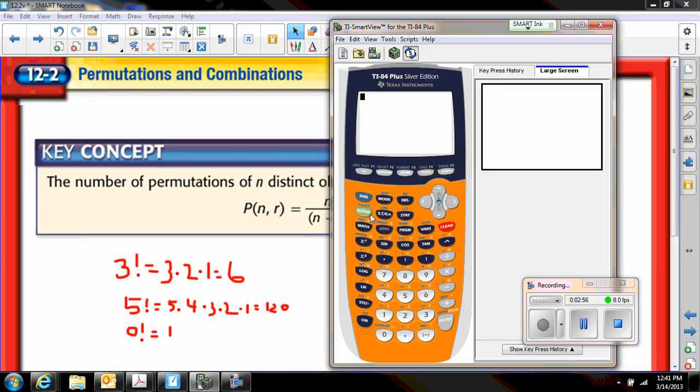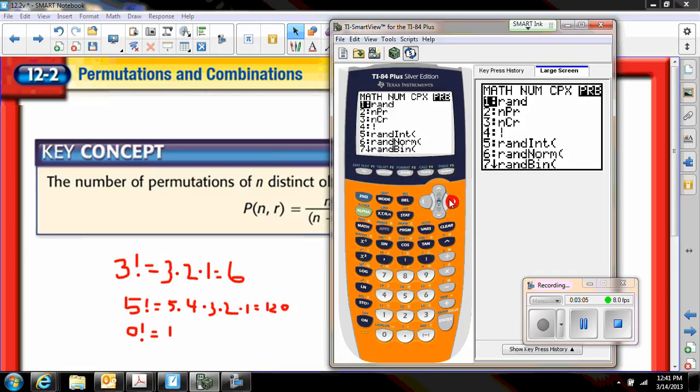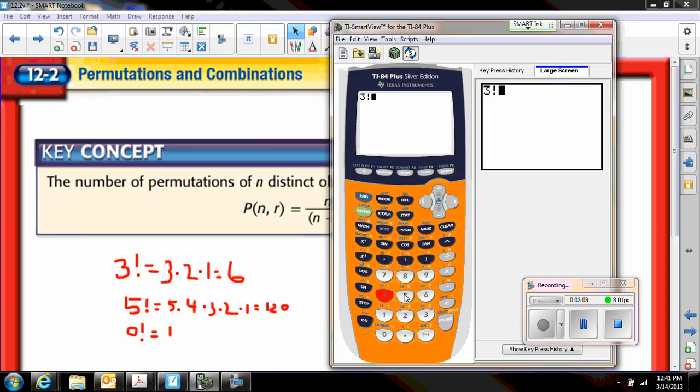On the TI-84 series, we're going to find the factorial under math. So I want to go 3, math. I'm going to scroll all the way over to this PRB button, and number 4 is going to be our factorial sign. No, that's not an exclamation point. 3 factorial, press enter, gives me 6.